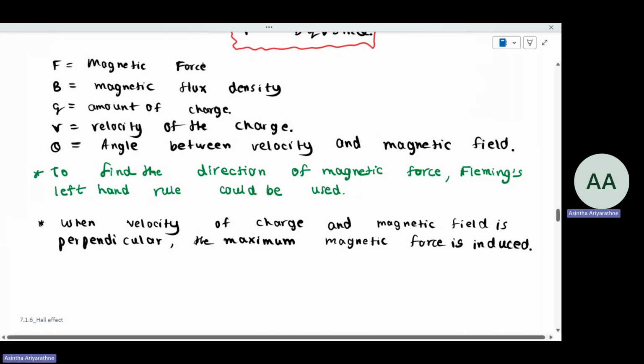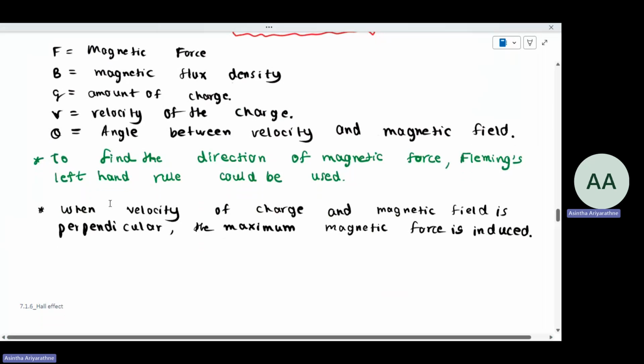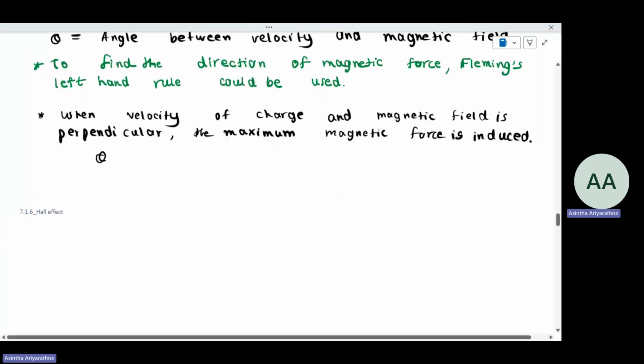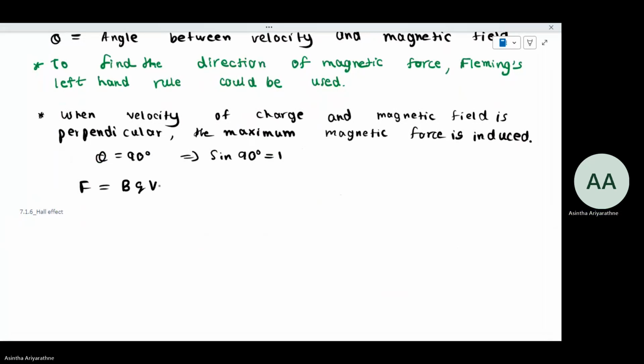The maximum magnetic force is F_B, when theta is equal to 90 degrees, sine 90 is equal to 1, so F is equal to B Q V.